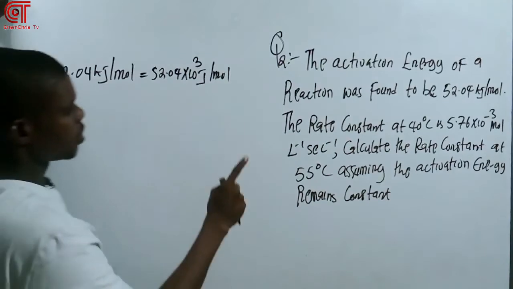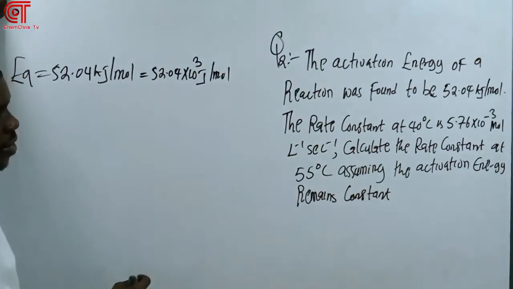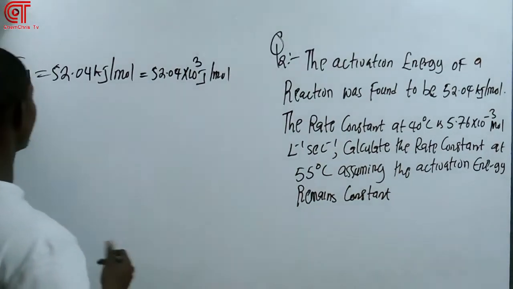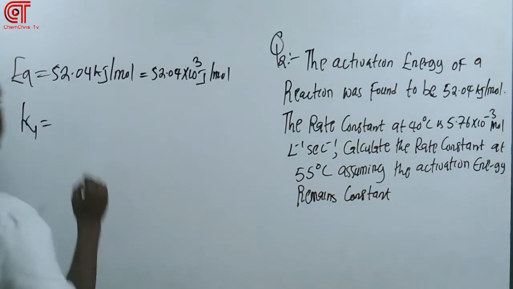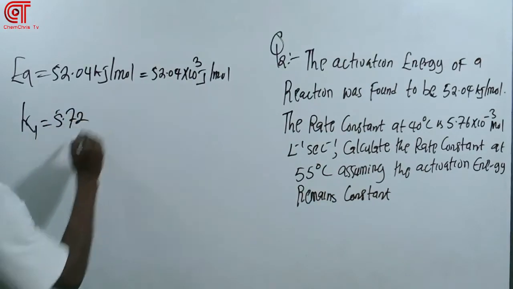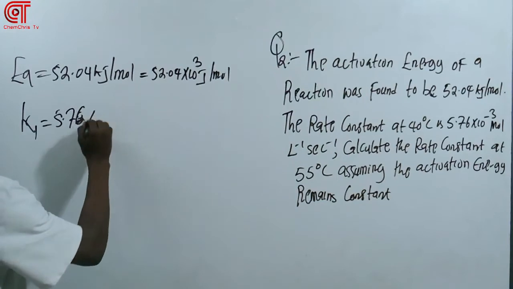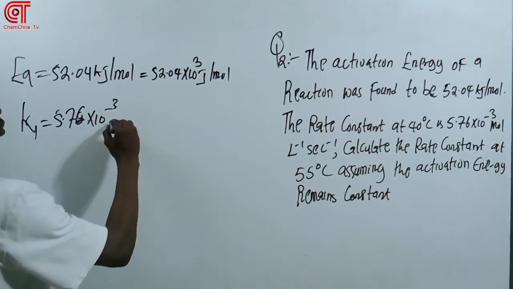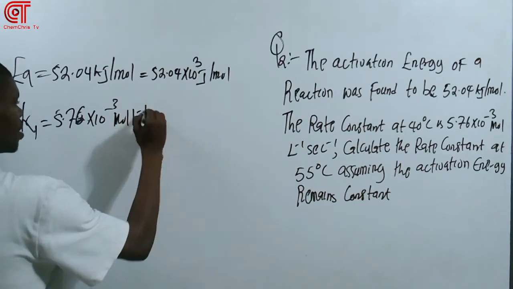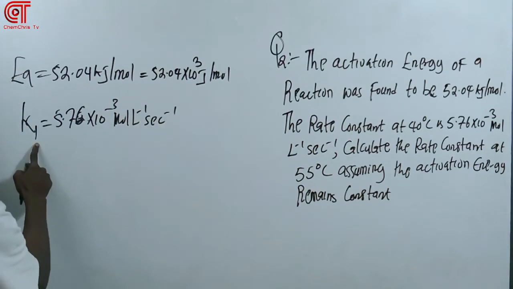Now, the rate constant at 40 degrees centigrade, you get that? So here we have K1, which is 5.76 exponential minus 3 mole per liter per second, right?